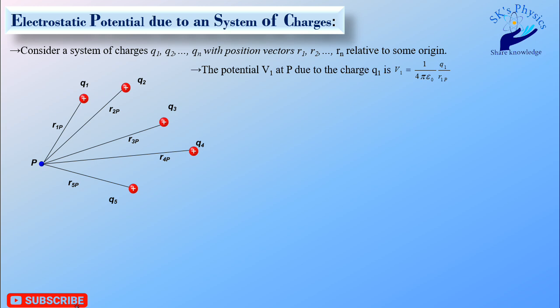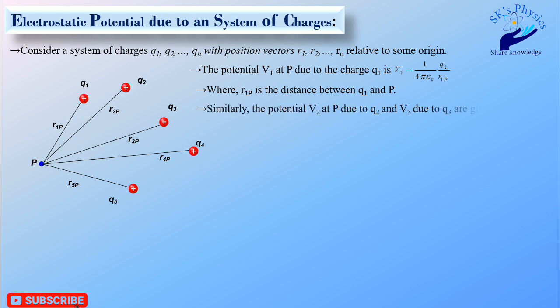R1P is the distance between Q1 and P. Similarly, the potential V2 at P due to Q2 and V3 due to Q3 is given by V2 is equal to 1 upon 4 pi epsilon 0 Q2 upon R2P, and V3 is equal to 1 upon 4 pi epsilon 0 Q3 by R3P.